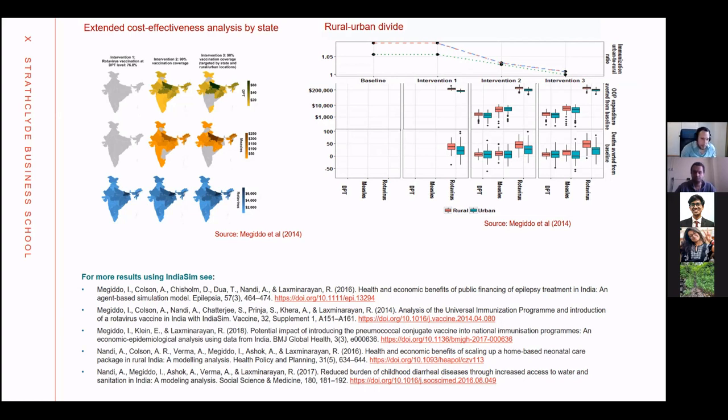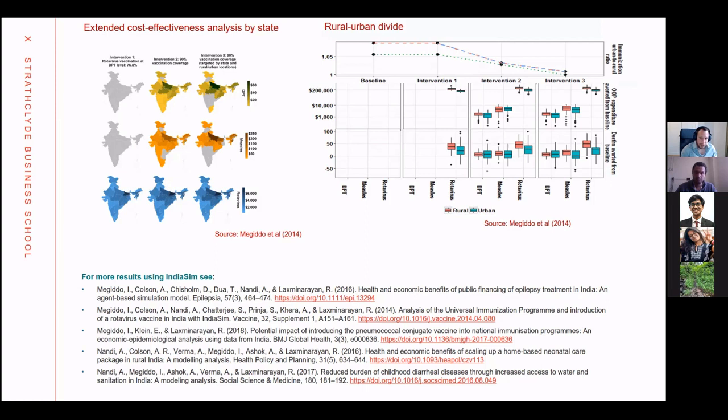So we produced outputs looking at outcomes at the state level and produced these maps, for example. And we also looked at the rural-urban divide as well as outcomes by wealth distribution. These specific examples are looking at a few different routine vaccination programs, looking at the impact of introducing a rotavirus vaccine.